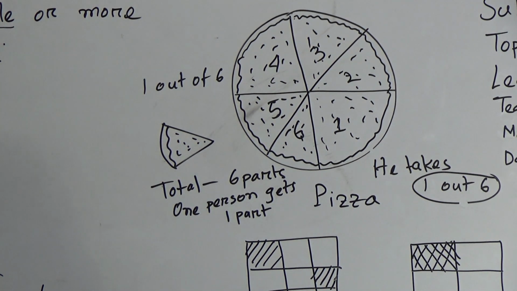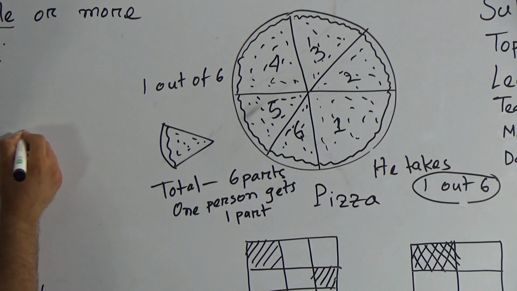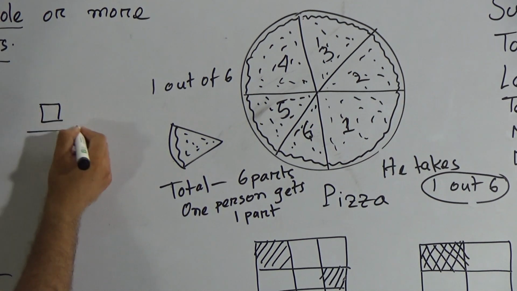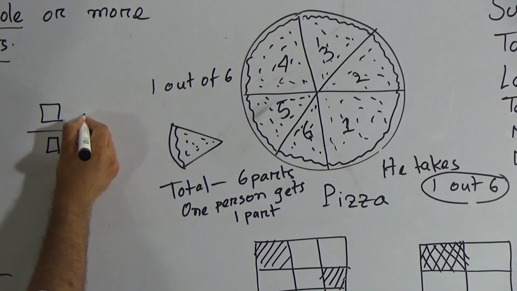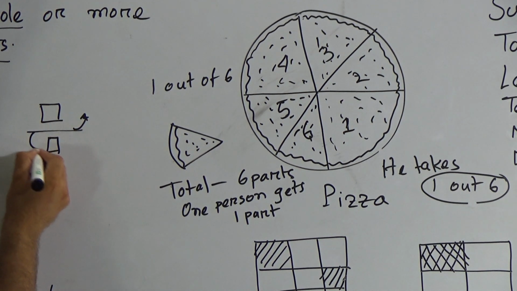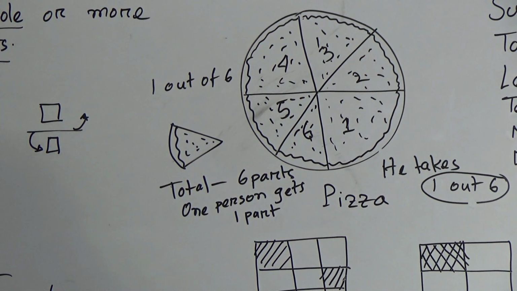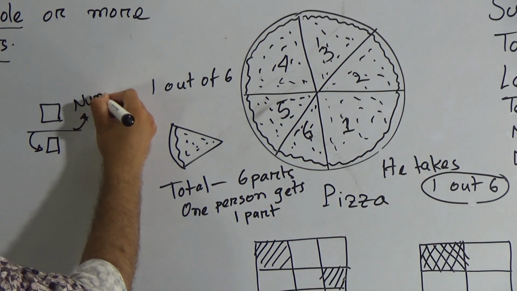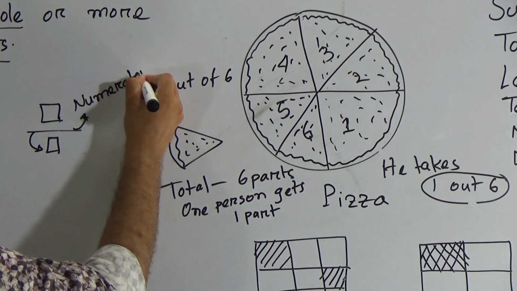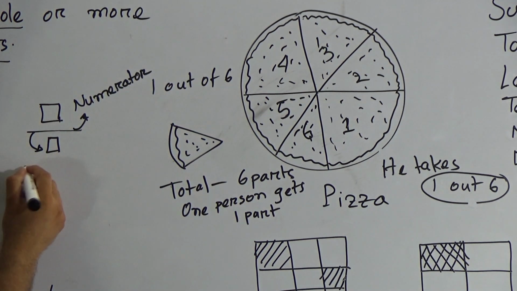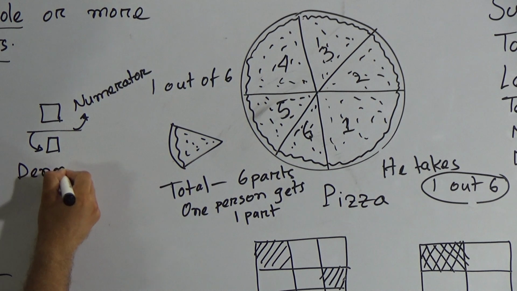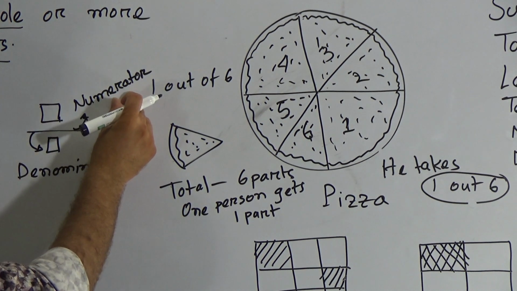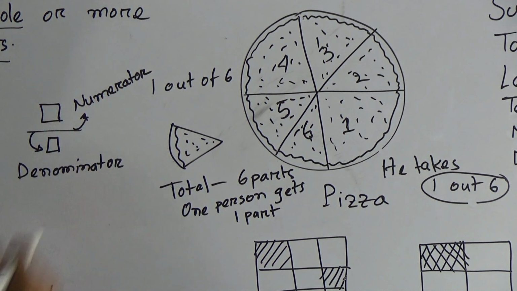For writing a fraction in mathematics, we can write this way. First of all, we draw a line and write 2 numbers. The first one will be above this line, and the second one below this line. The upper portion is called the numerator and the lower portion is called the denominator.